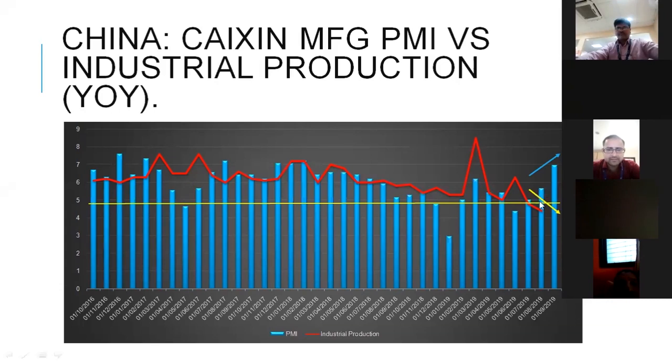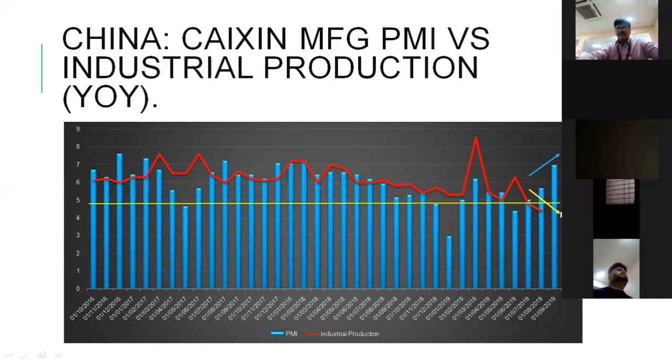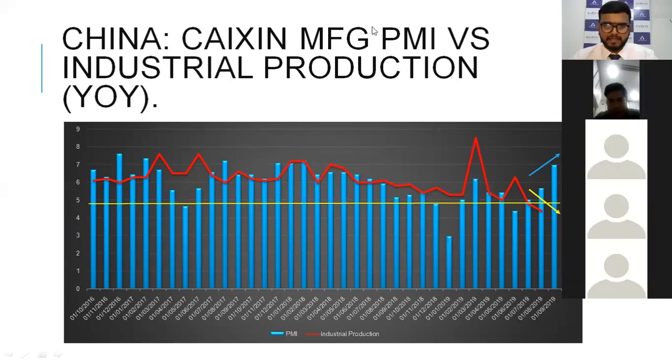But even though you can see the blue bars over here which are increasing, these are the PMI numbers which are increasing recently, this red line indicates that the growth has slowed down. The increase in that activity has significantly slowed down, and is just moving below 5%.